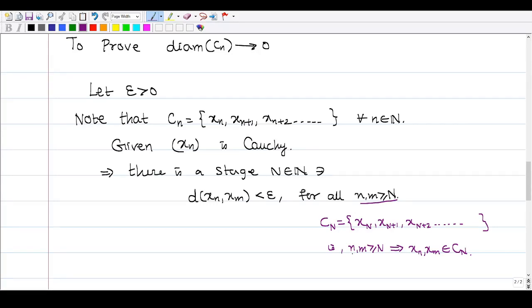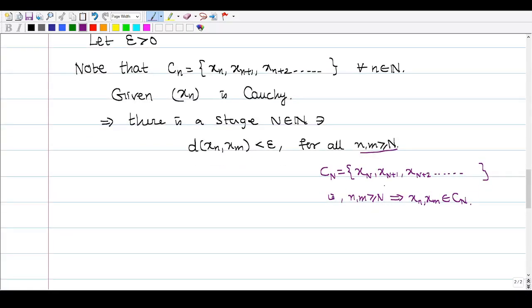So whenever n, m greater or equal to N, xn, xm belongs to Cn. And if and only if condition. So if and only if is also we can write. So இப்போ இங்க ரெண்டு எலிமெண்ட் இருக்குதுன்னா xn and xm னு ரெண்டு எலிமெண்ட் எடுத்தோம்னா இந்த n கண்டிப்பா N விட பெருசா இருக்கணும். இந்த m கண்டிப்பா N விட பெருசா இருக்கணும். Therefore these both are if and only if condition.